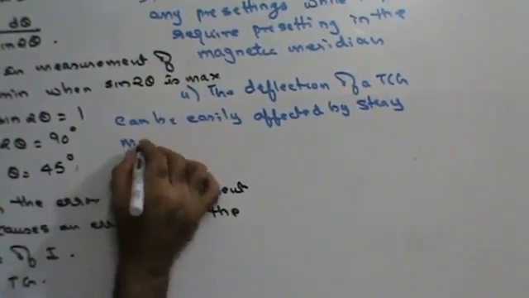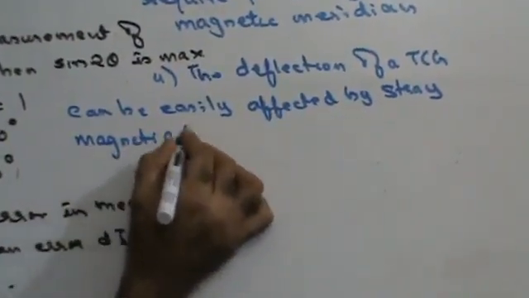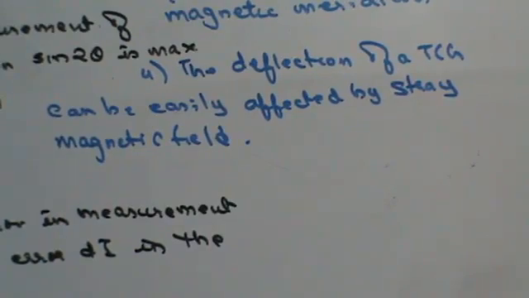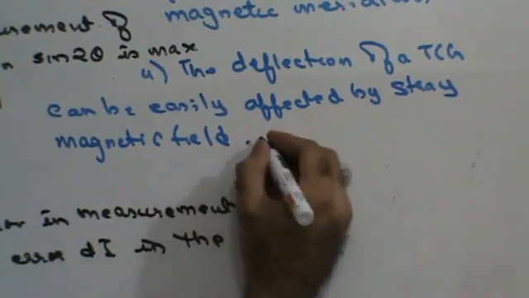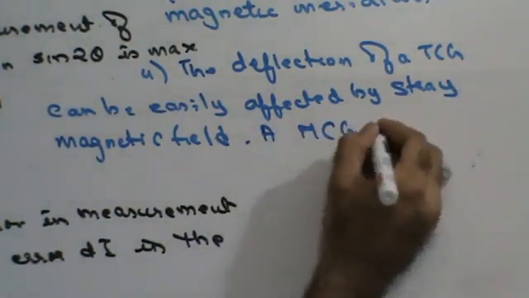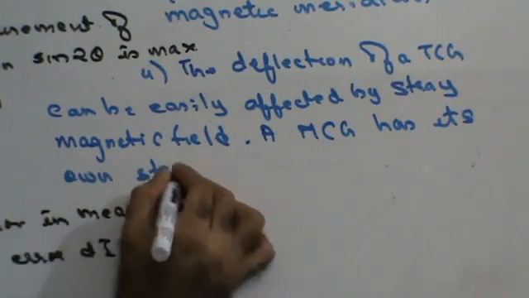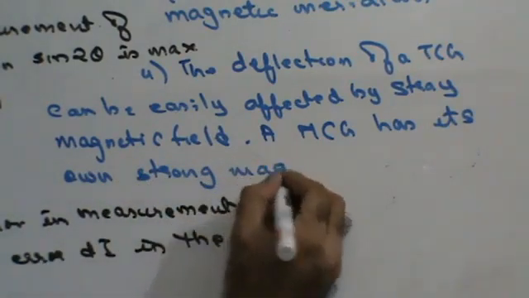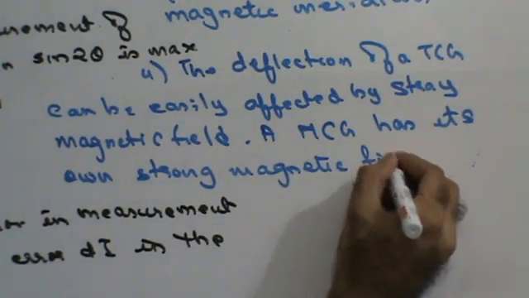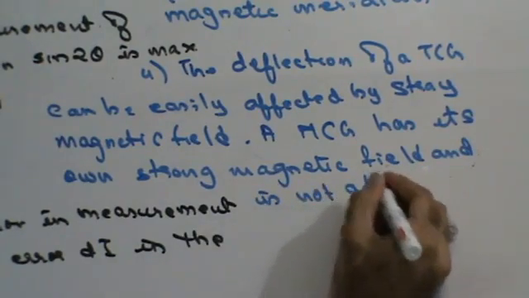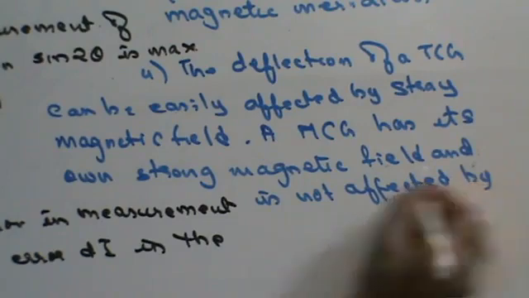A moving coil galvanometer has its own strong magnetic field and is not affected by stray magnetic fields.